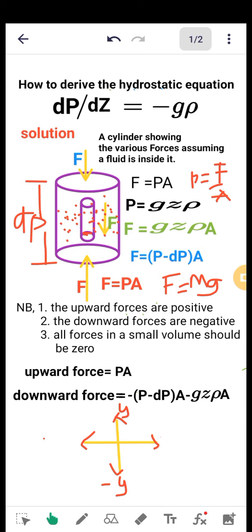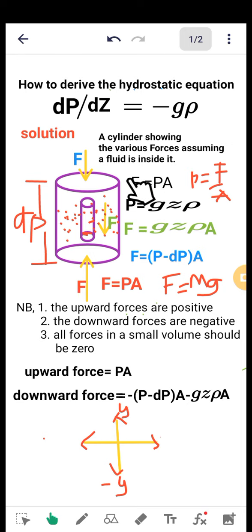Okay. Force equals the gravity times the distance, or the z, then the rho. Because we are expressing a force in terms of pressure, from this place my pressure is this.